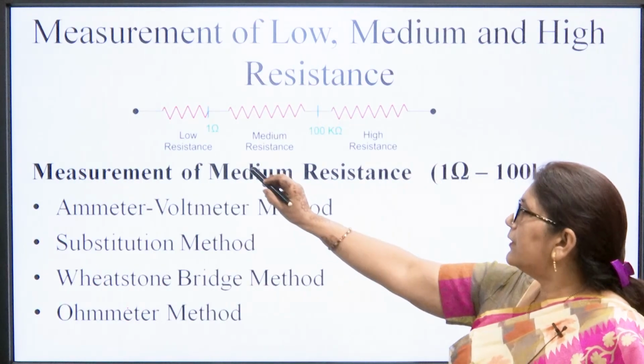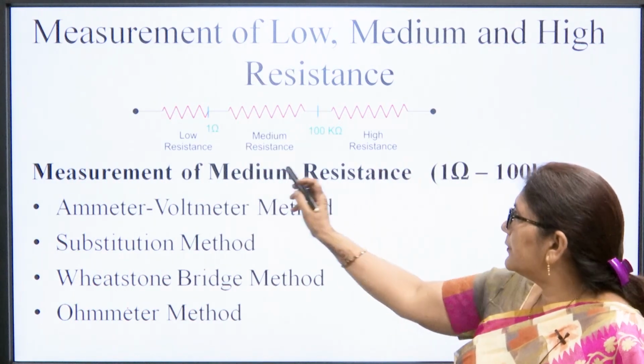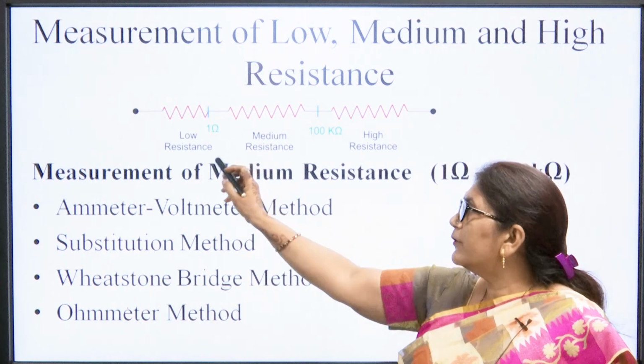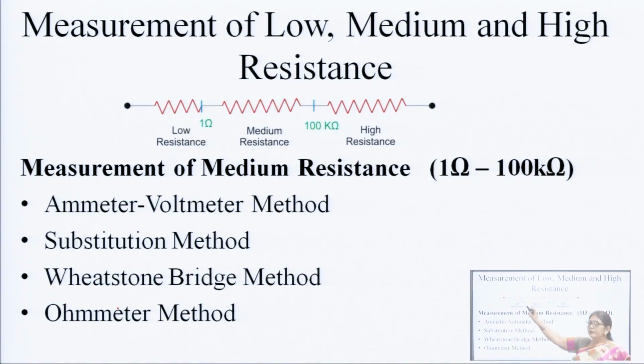In low resistance, when the resistance value is less than 1 ohm, that is considered as low resistance. When the resistance value is between 1 ohm and 100 kilo ohm, it is considered as medium resistance, and when the resistance is more than 100 kilo ohm, it is considered as high resistance.